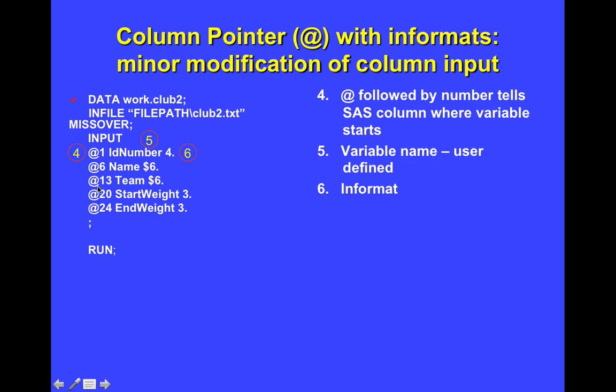The team variable starts at column 13. It's again a character variable, and it's up to 6 columns wide. The start weight variable starts at column 20. It's up to 3 columns wide, and the end weight variable starts at column 24, and it's up to 3 columns wide as well. Then we have a semicolon and a run.